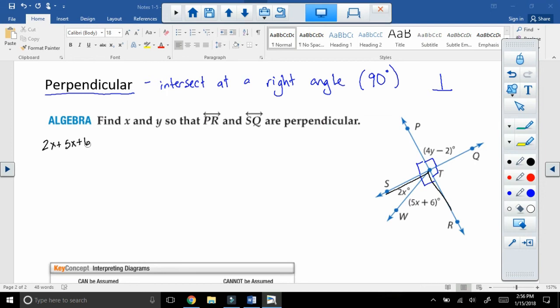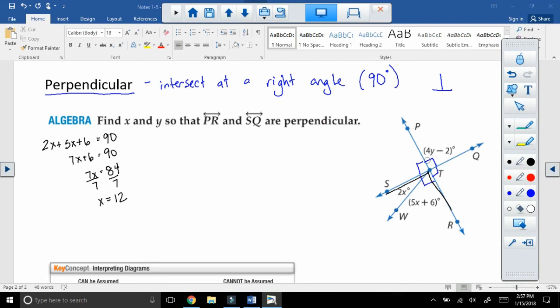I can add those two up and set that equal to 90. So 7x plus 6 equals 90, subtracting 6, 7x equals 84. When you divide each side by 7, you should get x equals 12.